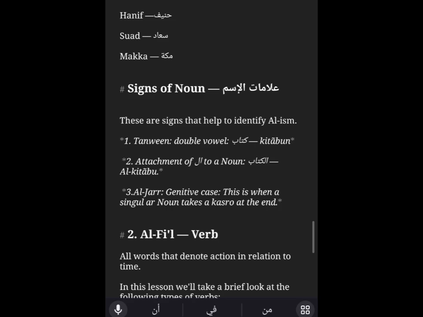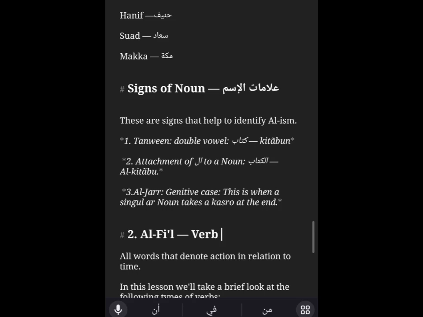Any Arabic word ends in either dhamma, fatha, or kasra, so it ends in either u, a, or e. And when you have a word that ends in a kasra, e, no doubt that this word is a noun. So this is a case ending for a noun, al-ism, in Arabic.